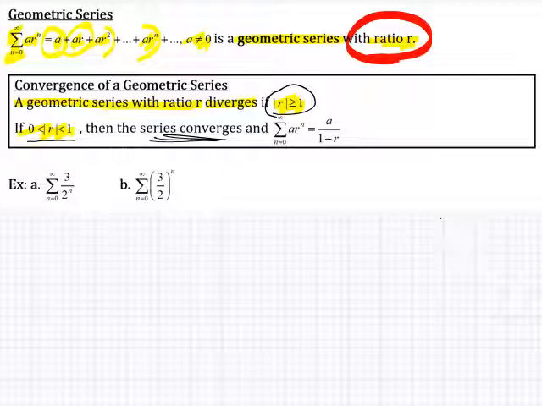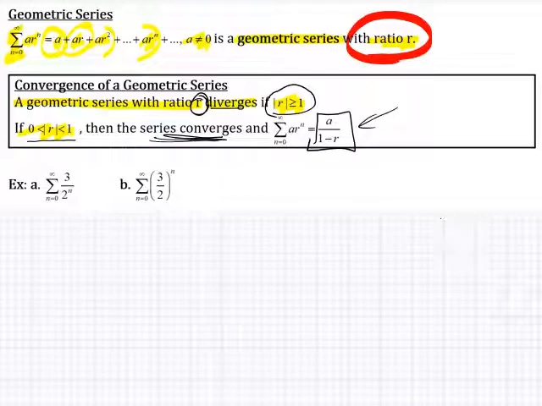Not only that, the series itself converges to, or is equal to, a over 1 minus r. So this gives us two things: converge or diverge, and what it converges to. And the only thing that we need to look at is r.